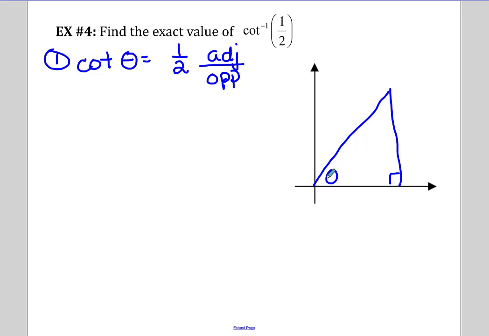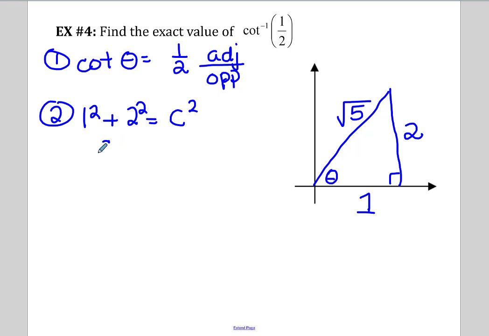And if this is my angle of interest, adjacent is 1 and opposite is 2, and this looks like a squared plus b squared is c squared, so our c is going to be the square root of 5, since a squared plus b squared equals the hypotenuse squared. So 4 plus 1 is 5, and the square root of 5 is our c.